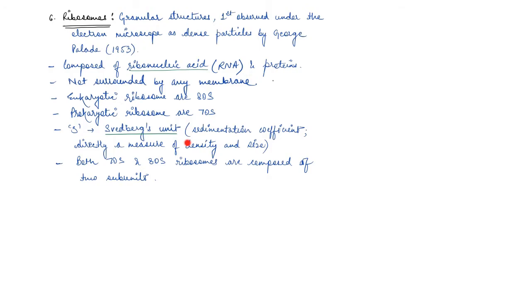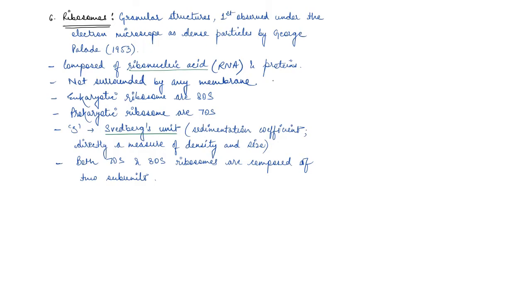Basically, it is a measure of density and size, right? And both 70S and 80S, present in prokaryotic and eukaryotic ribosomes, are composed of two subunits, a bigger subunit and a smaller subunit, right?